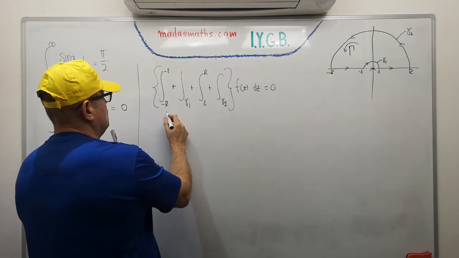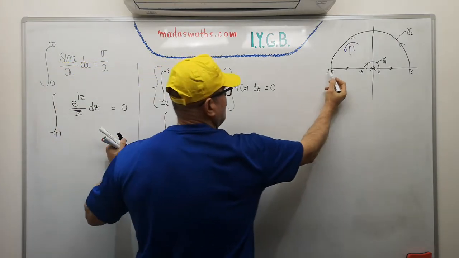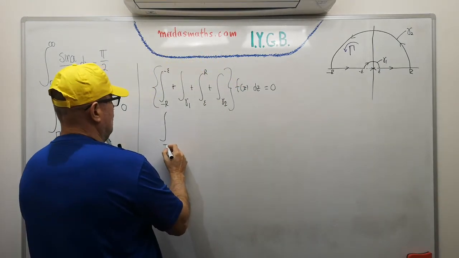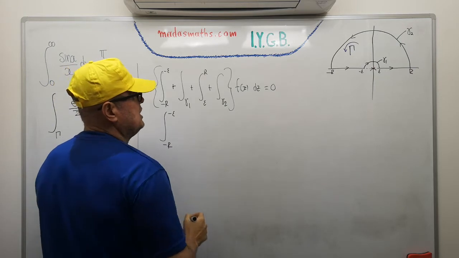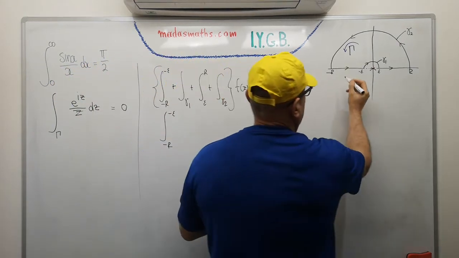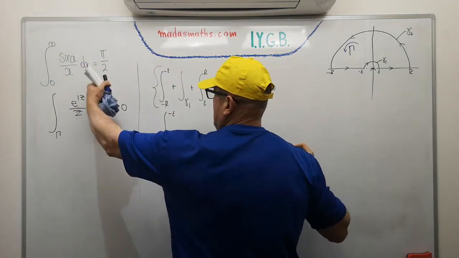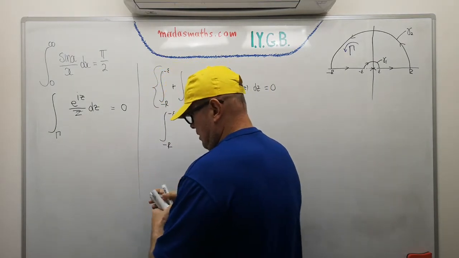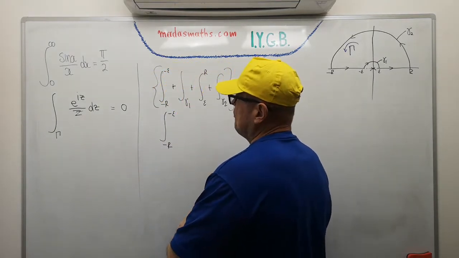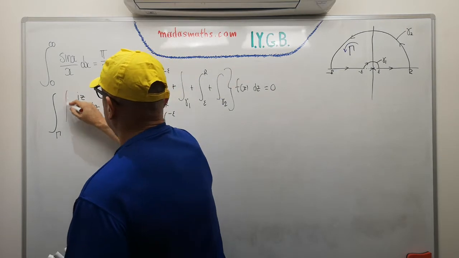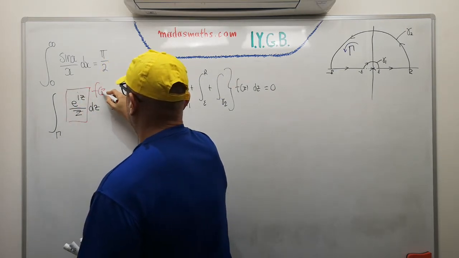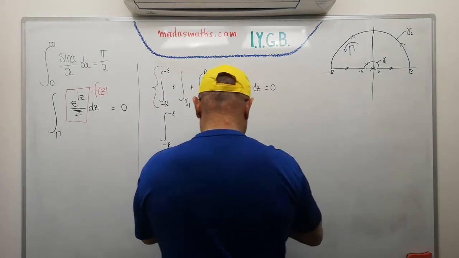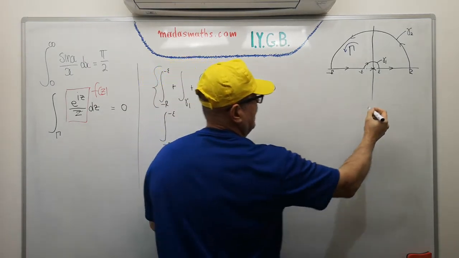So first of all, I'm going to put the integral along this straight line section, from minus r to minus epsilon. And for this particular section, this is my f of z, let me just put it in red. So this is my f of z when I'm referring to it. So the parametrization that I'm going to use along the x-axis is quite clear.